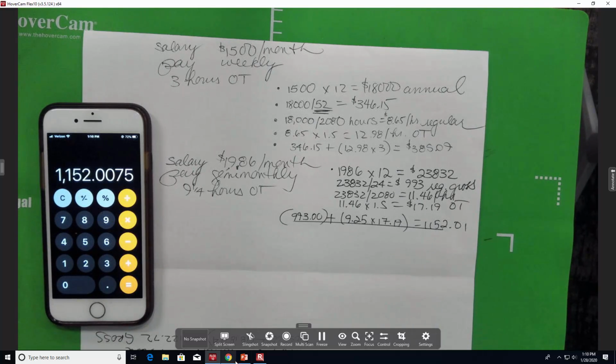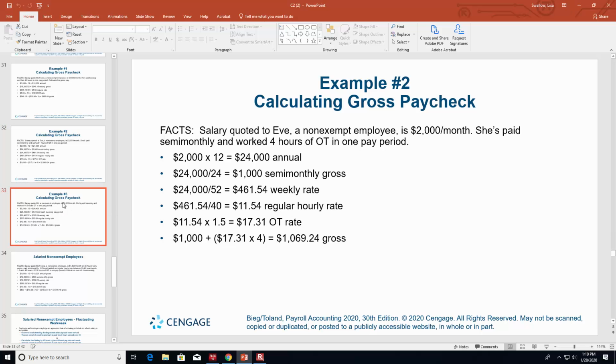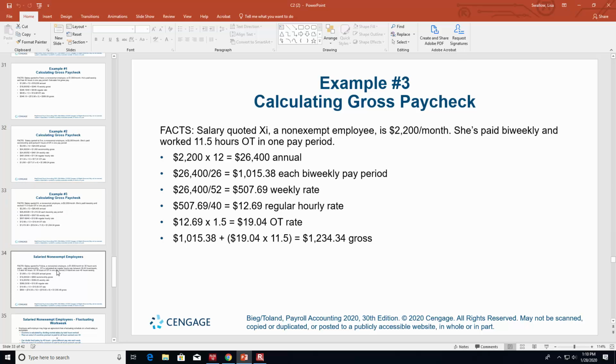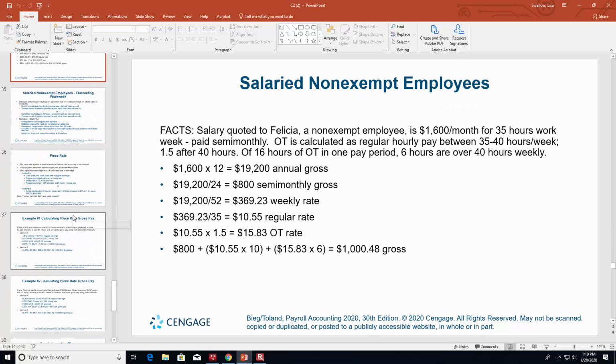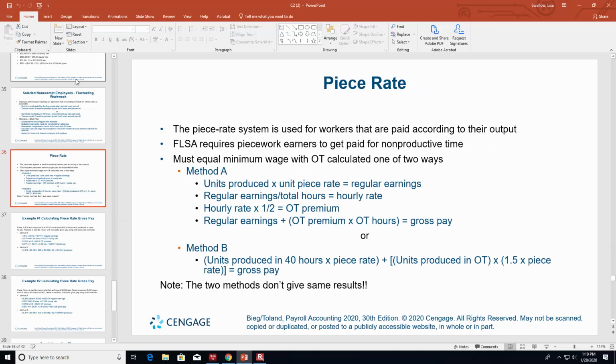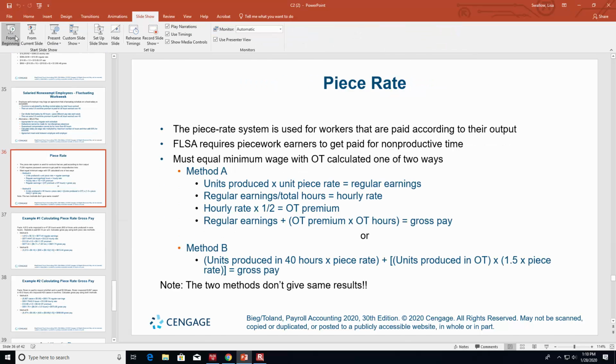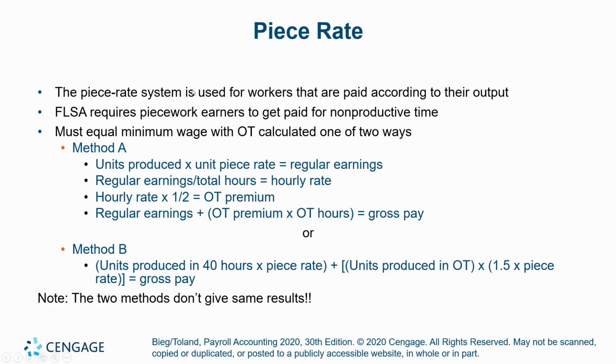Next concept. Piece rate. Piece rate is a system, and again, just to flash back to what we were talking about before, we can pay people any way we want.